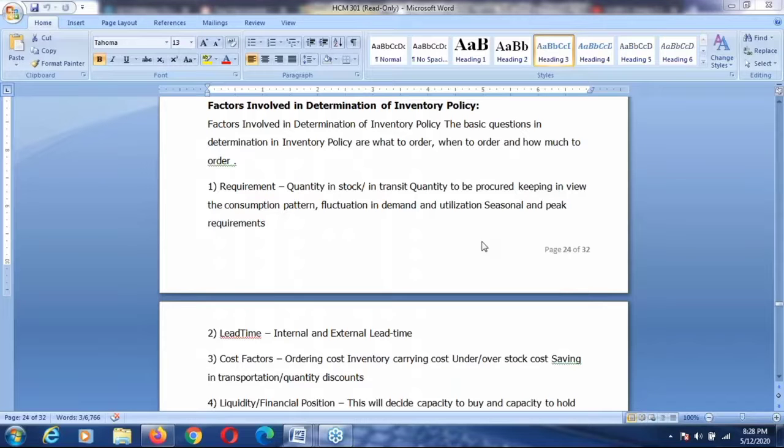You asked a question, I'm giving you the response now, and I hope you are listening to me. You're also talking about storage, patient service, market conditions, and some other factors that will come up. So that is all about factors that must be involved when determining inventory policy.